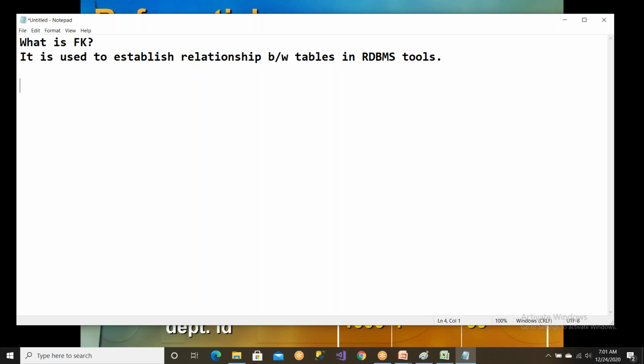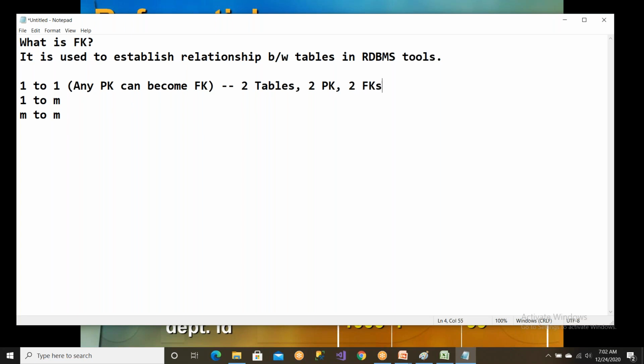Clear? So what kind of relationships can we have? We can have one to one, one to many, or many to many. If you have a one to one, what will happen? Any primary key can become a foreign key, so there is no issue. Clear? In this case, we have two tables and two primary keys. I told you we can have only one foreign key, but everybody recommends you create two foreign keys here.